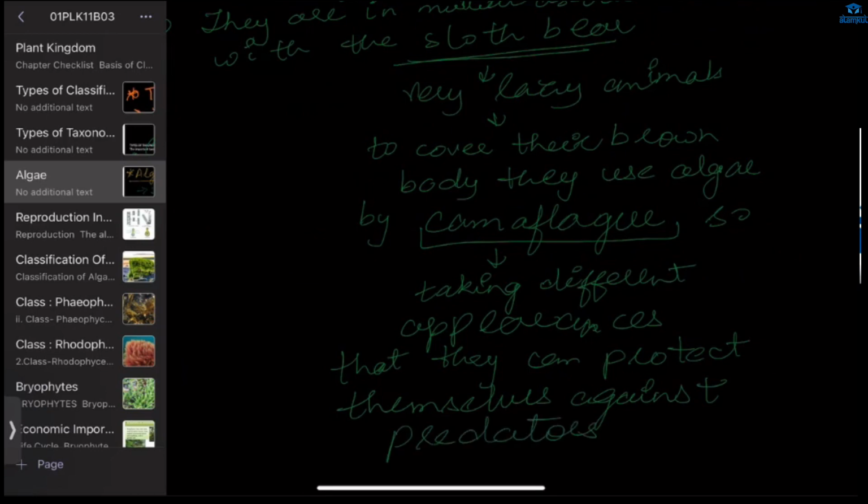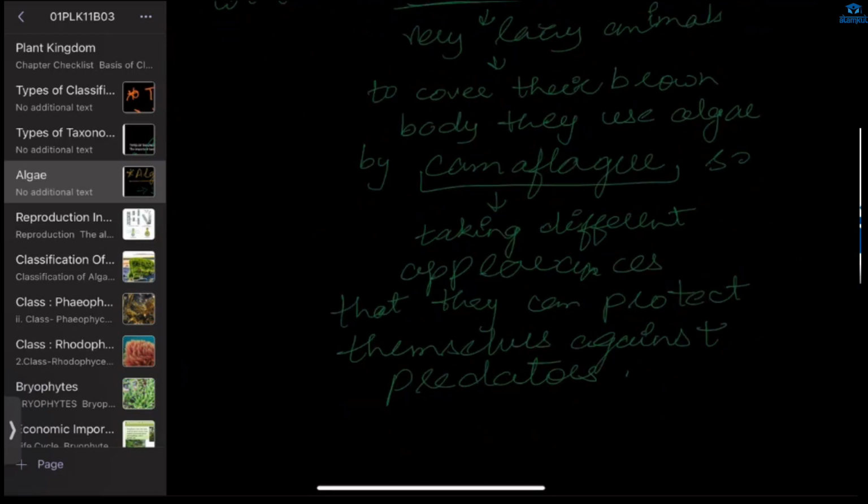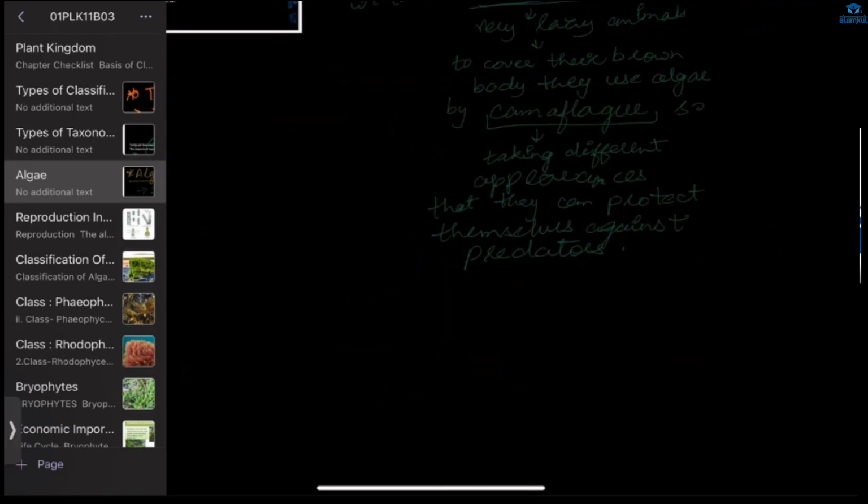All the animals which are predators of these sloth bears, those animals who want to kill them and eat them for their benefit, from the protection of those kind of animals, they use the process of camouflage. And what is camouflage? They use the green alga to cover their own brown body so that they cannot be seen in between the plants. Okay, so this was also one use of algae.